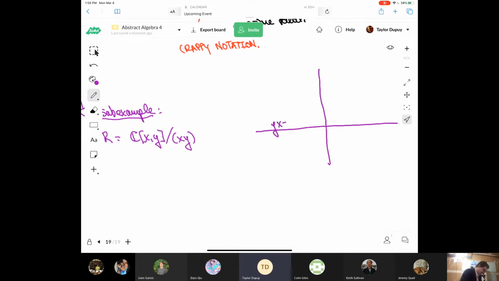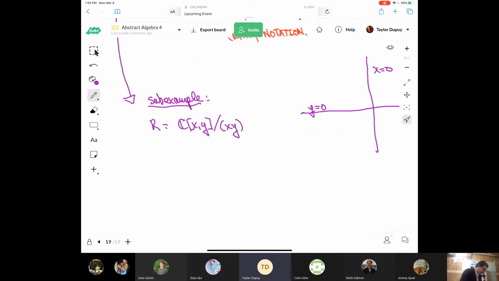This is the y equals 0 axis, the x equals 0 axis. Now I'm going to take f as above to be x bar. We're looking at the set S_f, which is 1, x bar squared, x bar cubed, dot, dot, dot. This thing is killed by y bar.